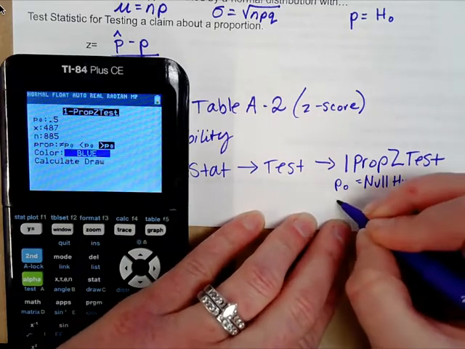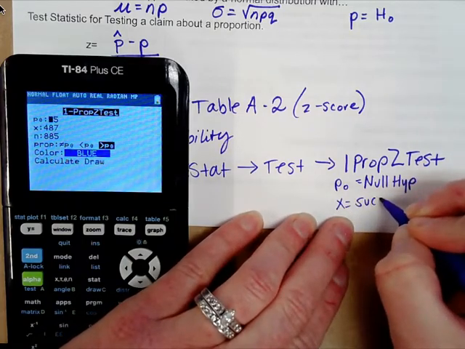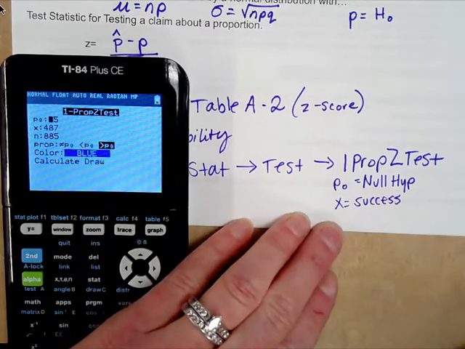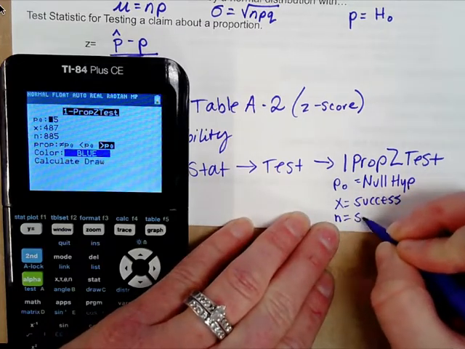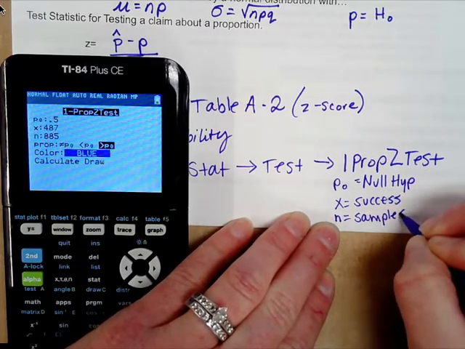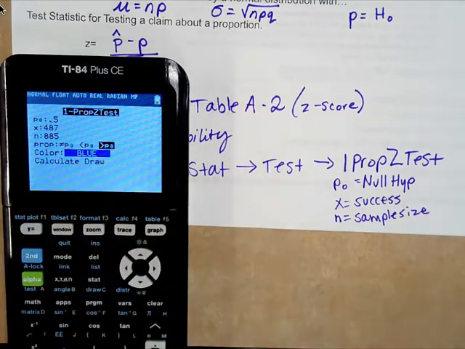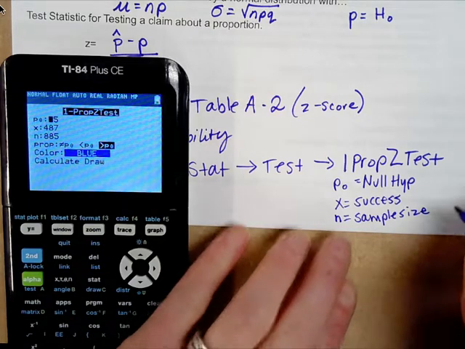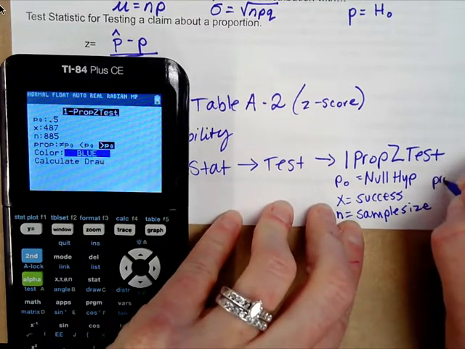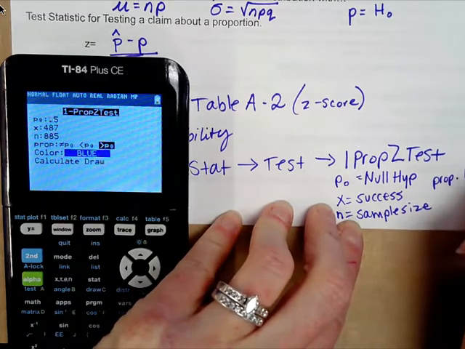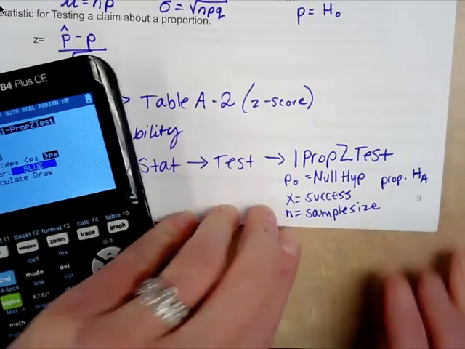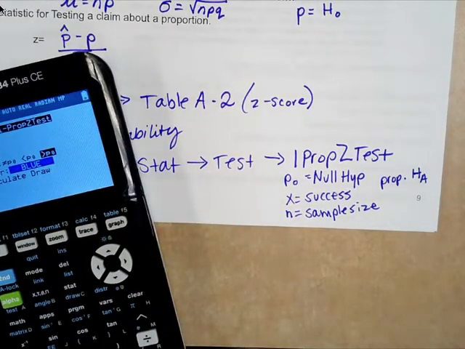X is how many successes, whatever success is considered. And N is your sample size. And then on 8.1, we talked about, is it a two-tail, left tail, or right tail? So this comes from your alternative hypothesis, because your null is what it equals. Your alternative is the inequality.